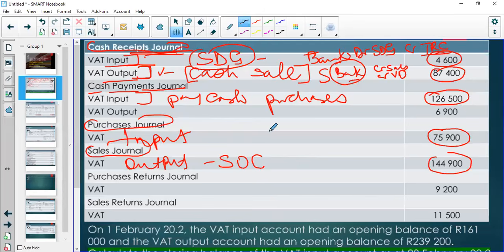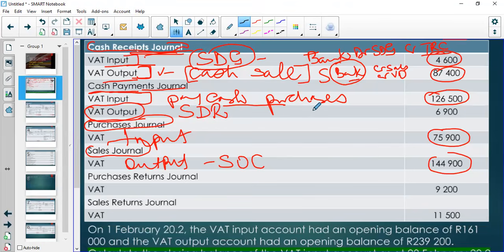So if it is in the cash payments journal, then it means that it was a cash purchase. And then the VAT output means that we received some income or some benefit from making payments. We were making payments and we received a benefit. So this is a benefit from the settlement discount received.